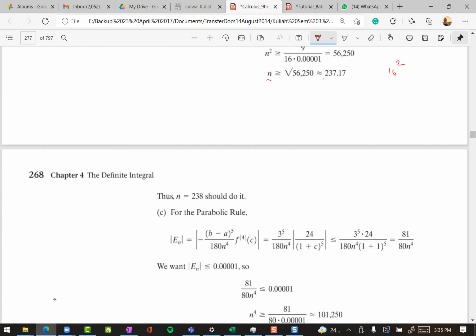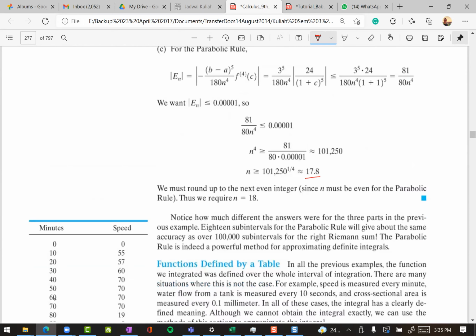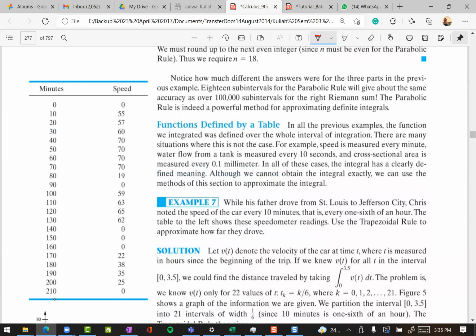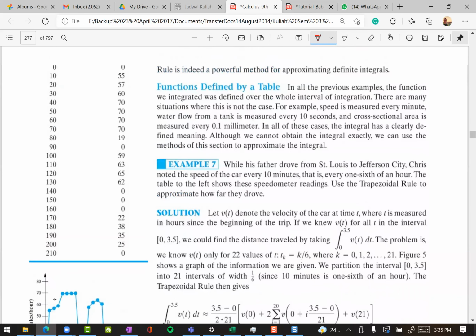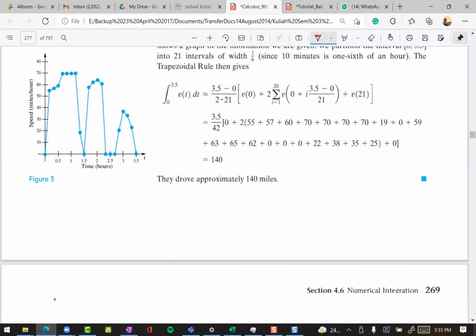And if you use parabolic rule, you only need 18. All right, so you see that really makes a difference.